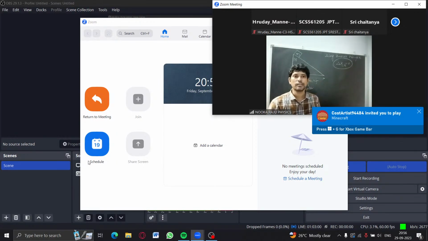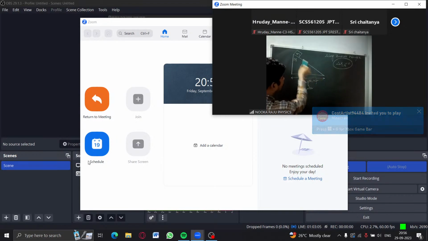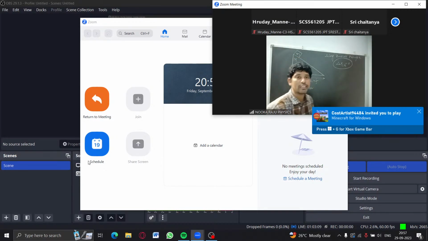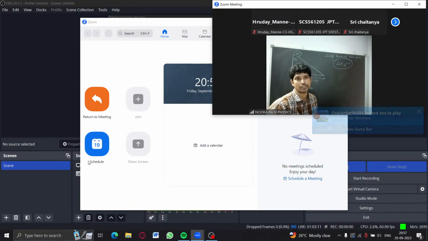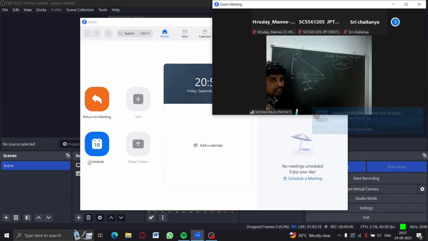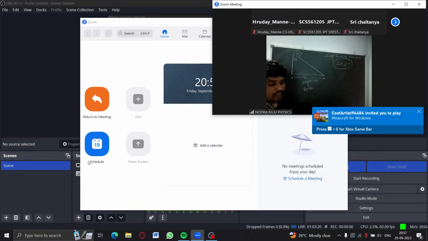Why? Because the block is moving along the inclined path, which I already said is a smooth, frictionless surface. So there is no friction between these two connections. This is a frictionless surface.